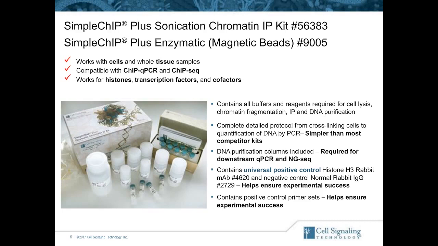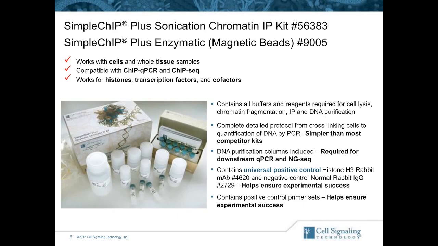So really, these kits both work for really everything. You don't need a specific kit for specific protein types. These kits contain all the buffers and reagents required to do the ChIP. They have a complete detailed protocol. They're actually simpler than most competitor kits. They have DNA purification columns, which are required for downstream qPCR and NG-seq analysis.